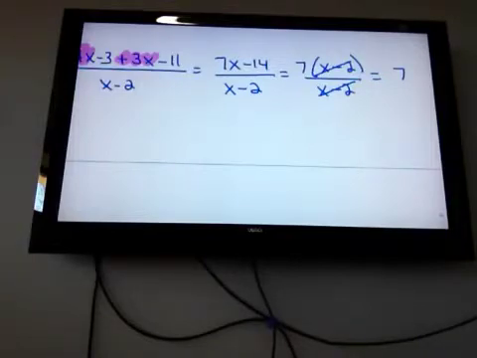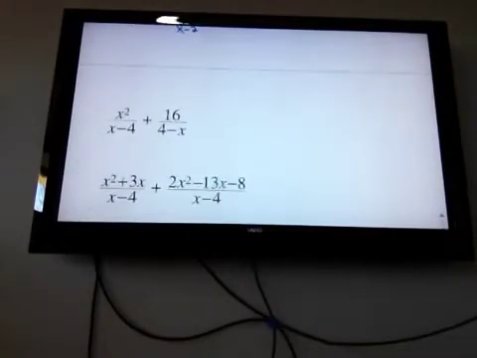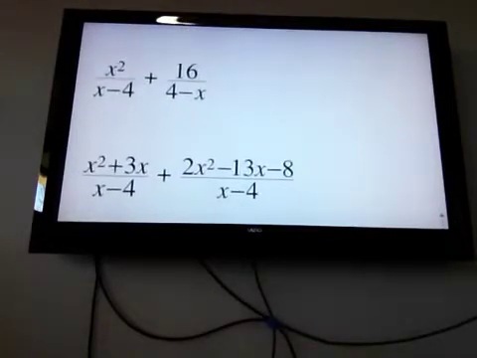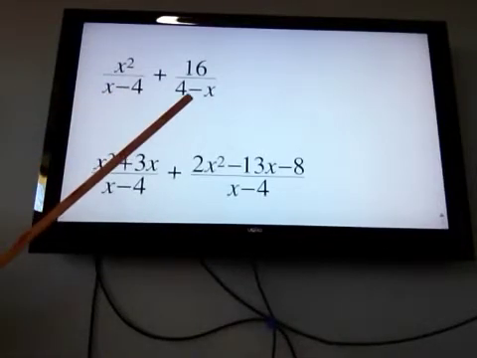And again, you should see some similarities to what we've already done once we do that addition. Again, I gave you one with not like denominators. I'm not lying, all like denominators today, so we're going to have inverses. We're going to make them alike.